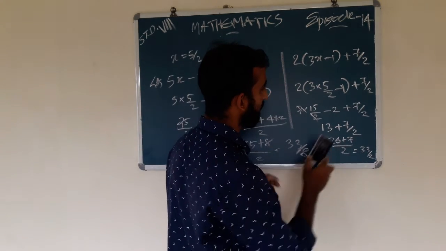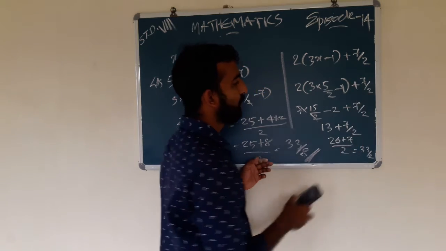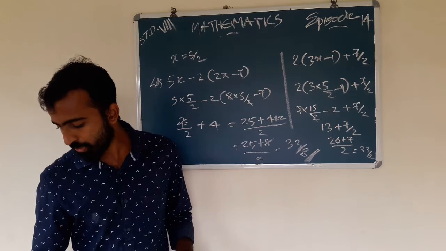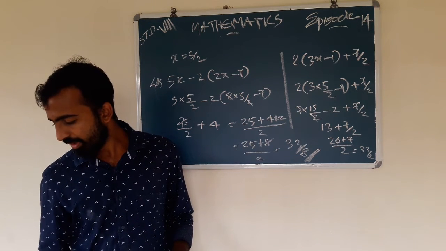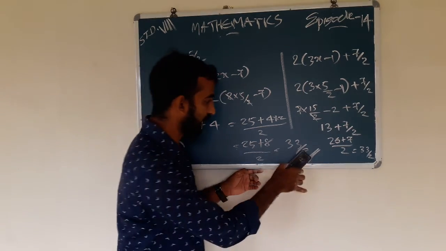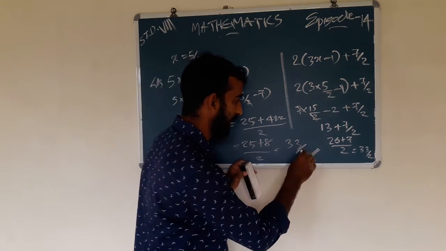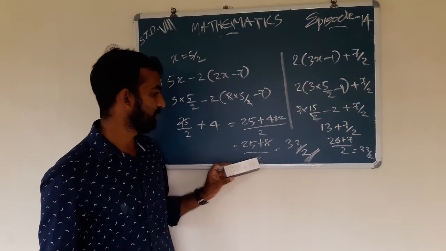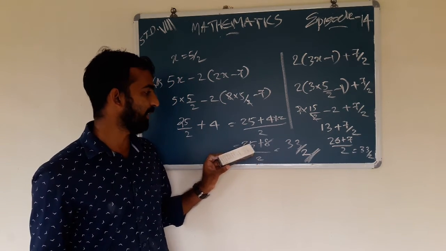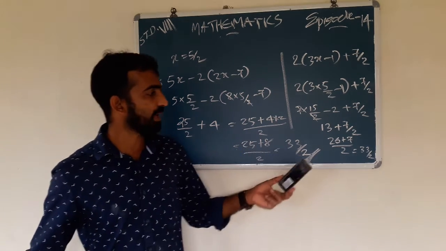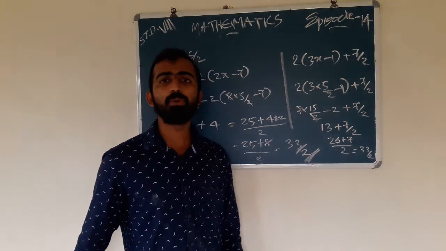Sorry, here the denominator is 2. So 25 plus 8 is 33, 33 by 2, and RHS is 33 by 2.